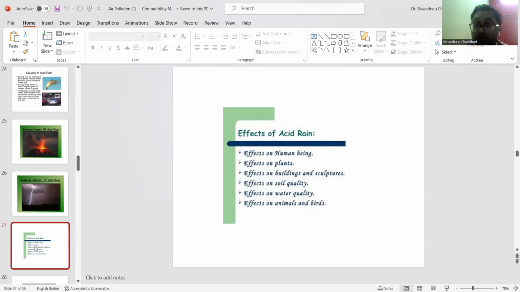Their metabolism, digestive system, and immunity may be hampered due to the presence of acid rain in water. So these are the most dangerous effects of acid rain. In one line, we can say that acid rain creates problems for our entire ecosystem and all living beings, which is a perfect justification.